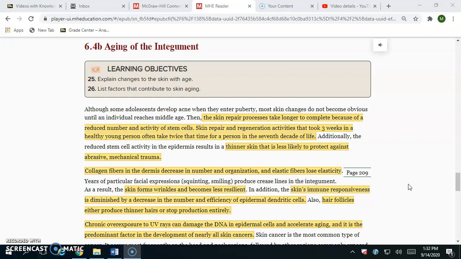The last thing that we'll talk about is chronic overexposure to UV rays.